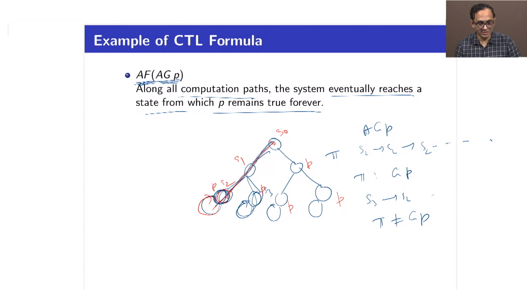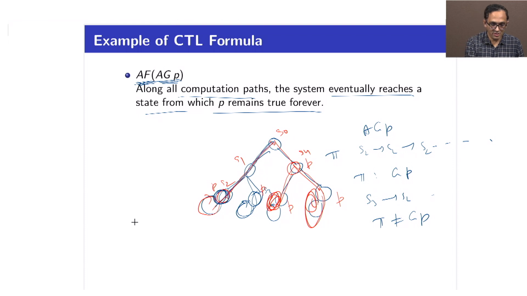Now, this part is interesting. Here I reach a state, say this is S4, and in S4 P holds. From here, whatever the path starting, this is one path which is repeating here, and this is another path which is repeating. In both cases P should globally hold, and this is happening. So, here you can think about this state, P holds always, and in this case also P holds always.